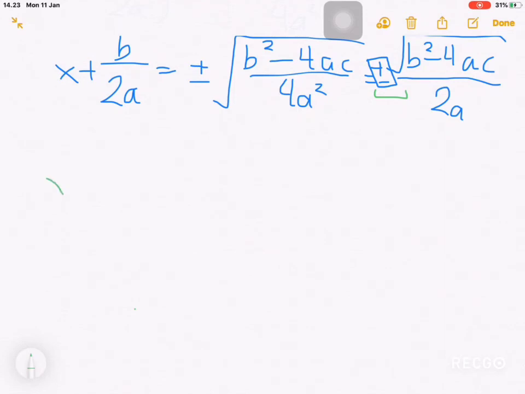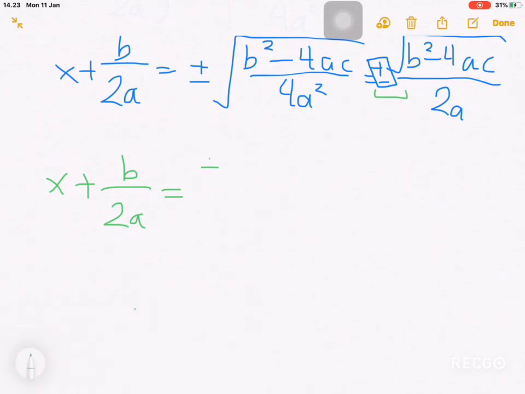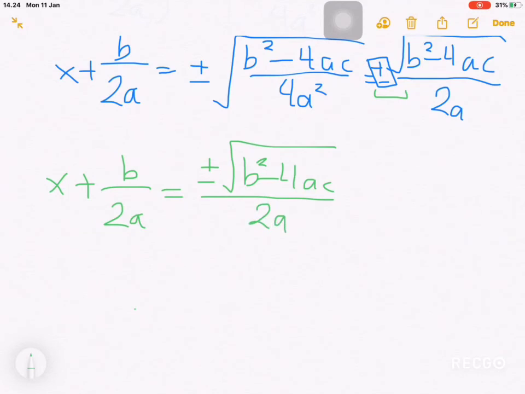So if x plus b over 2a, I'll just rewrite this term right here, and we can bring the plus or minus sign to the numerator, plus or minus this thing right here. There we go. And we can just subtract negative b over 2a from both sides.